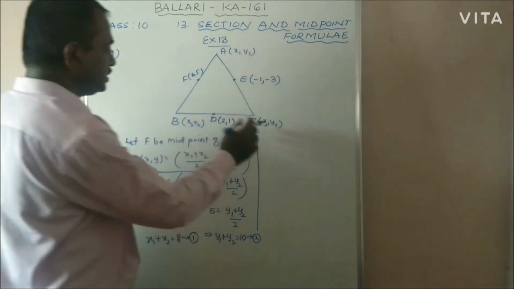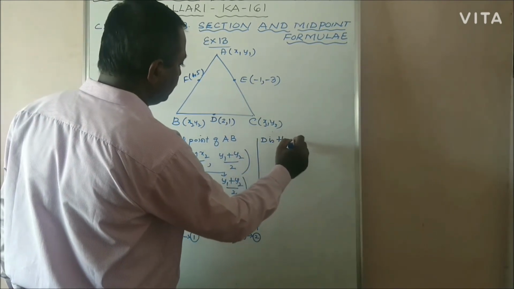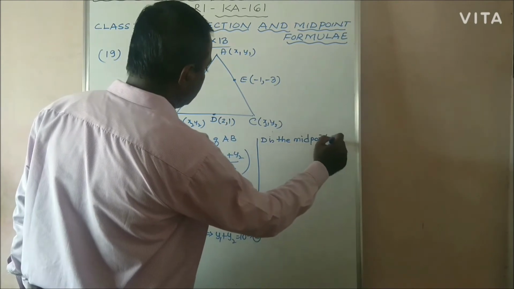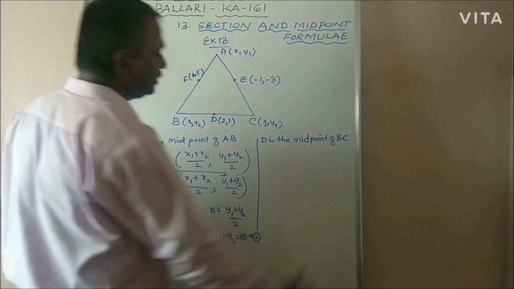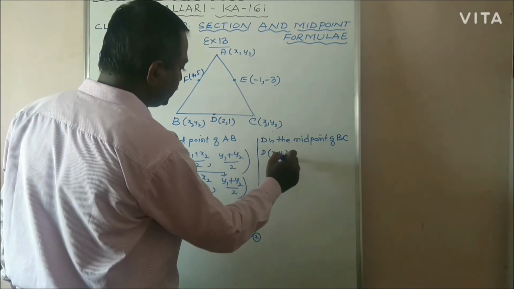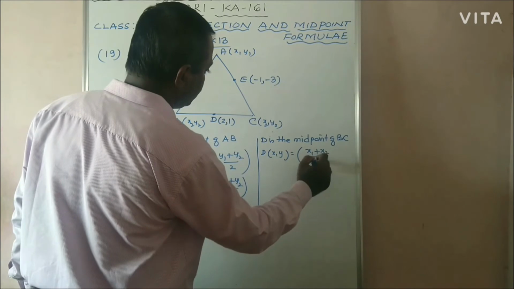We will take BC. D is the midpoint of BC. So therefore, by the midpoint formula, D of x comma y is equal to x1 plus x2 by 2.